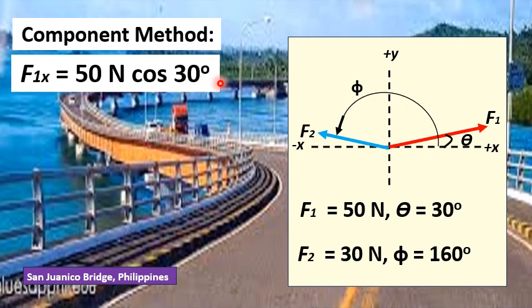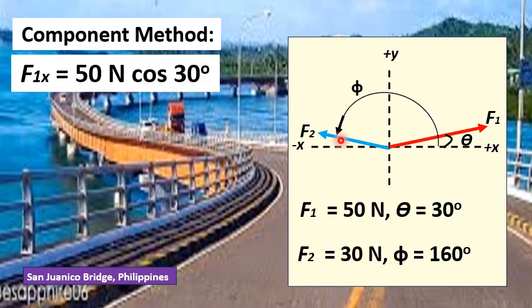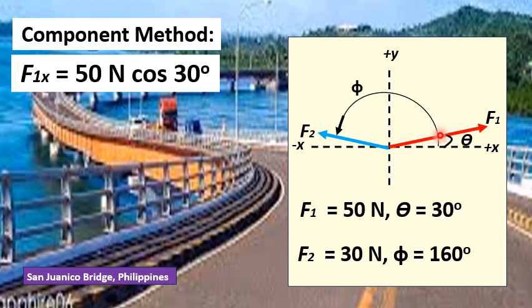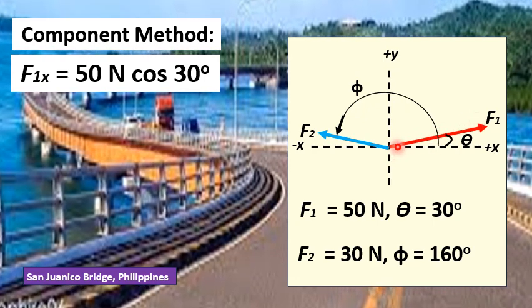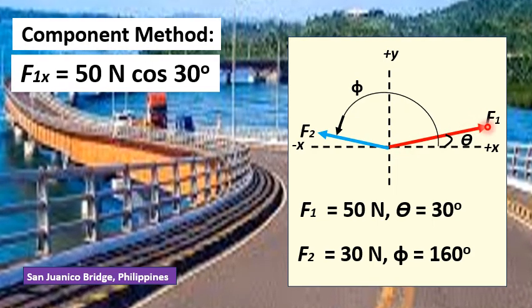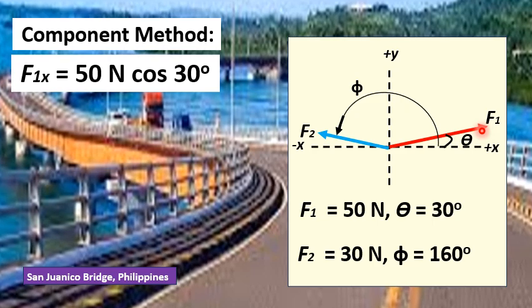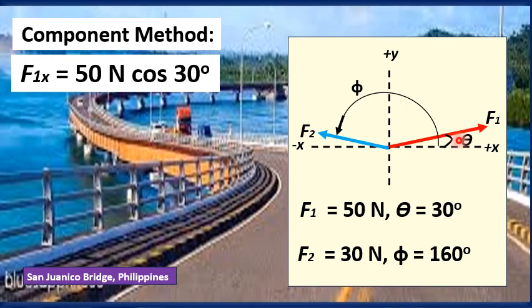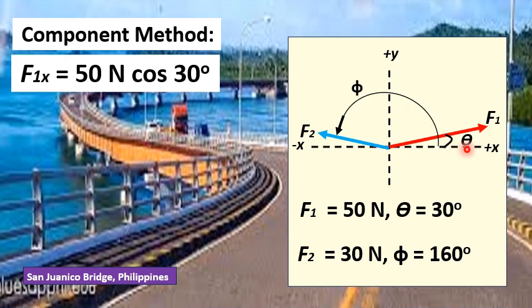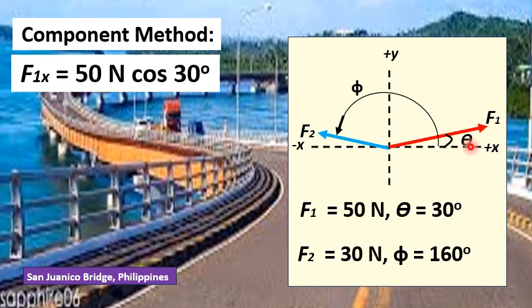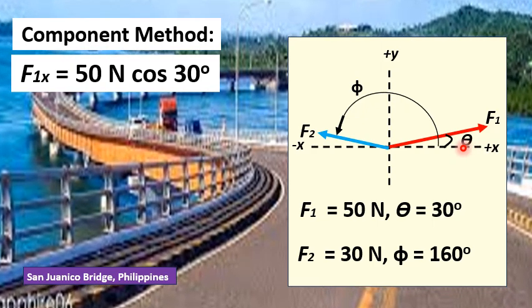All right, why cosine? It is because if you look at our vector diagram, F1 represented here by the vector arrow colored red, the angle that it forms with the positive x-axis is denoted by theta, which happens to be 30 degrees, all right?